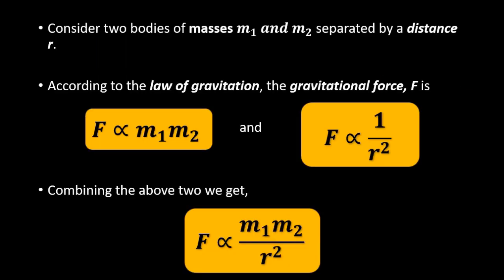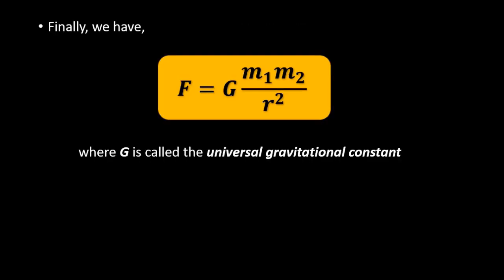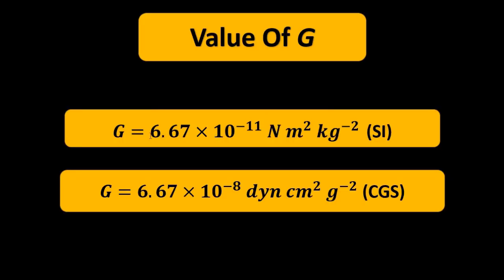Combining these two, we get the mathematical representation of the gravitational force: F is equal to G m1 m2 by r square, where G is the universal gravitational constant. Now for the principle of superposition, we have to represent this equation.